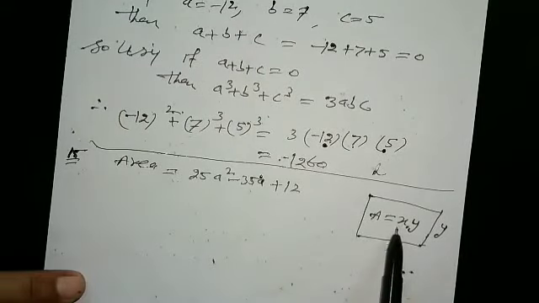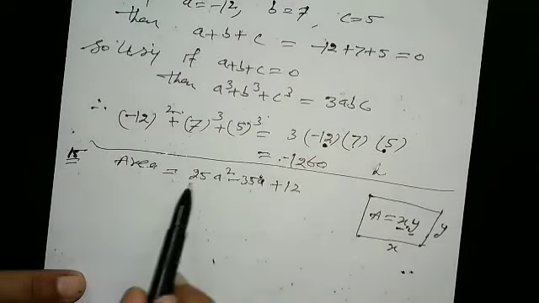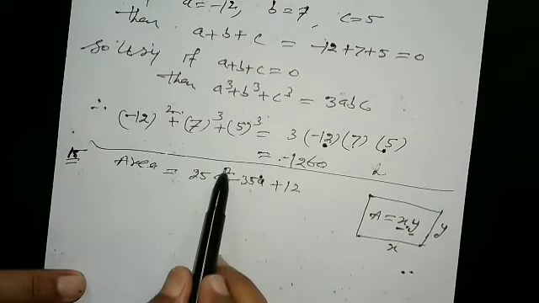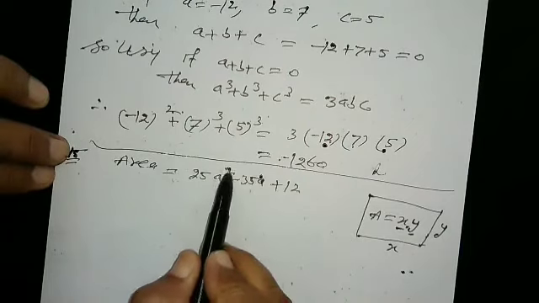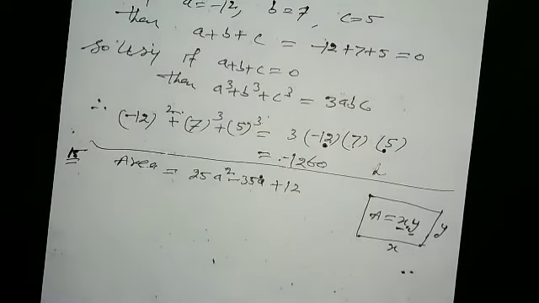So we have to find two factors of this, in which one will be length and second will be width. So how will you factorize this? You will use identity or any method. I think any method you can use, because here we are not bound to use identities to factorize this.